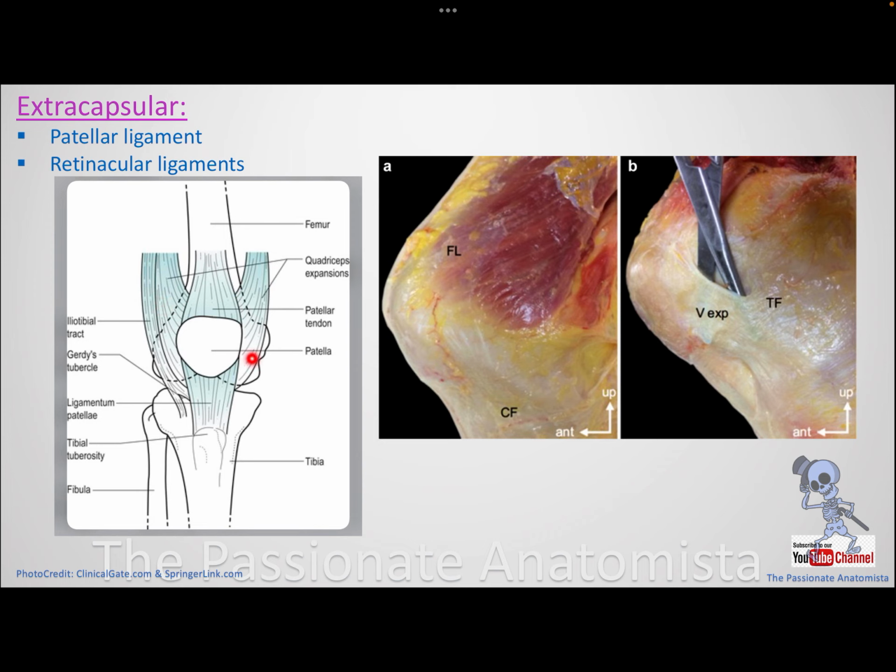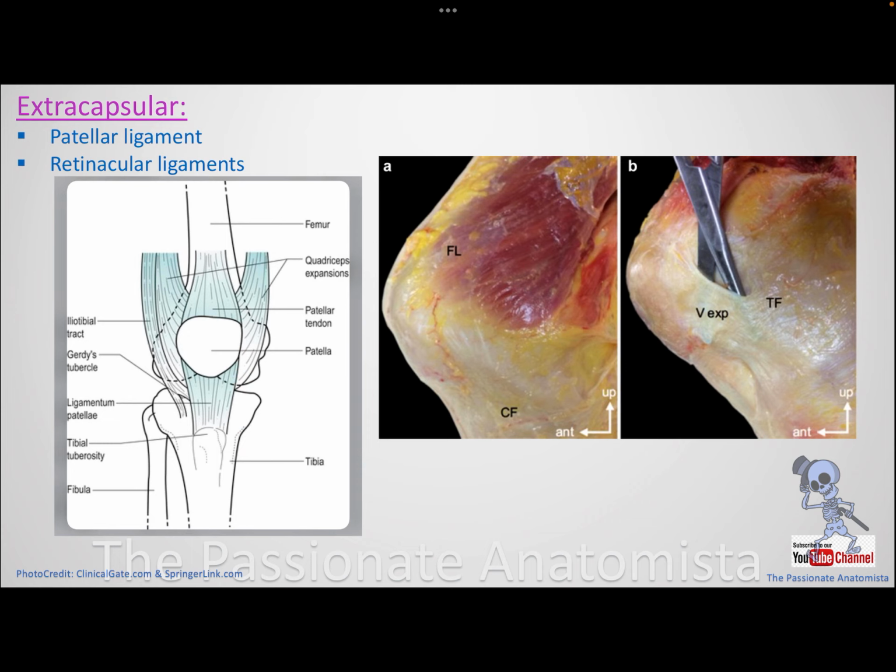The downward extension of the tendon of vastus medialis will make your medial retinacular ligament, and the downward extension of your vastus lateralis will make your lateral retinacular ligament. At the end of the day, those guys are going to support and connect the femur to the tibia.